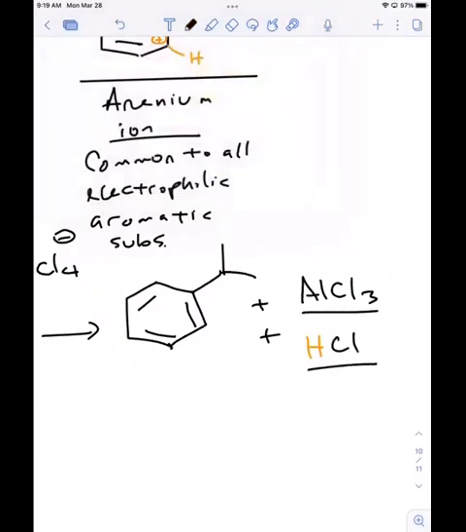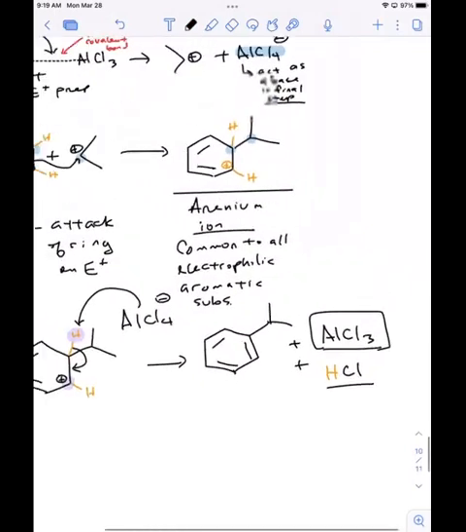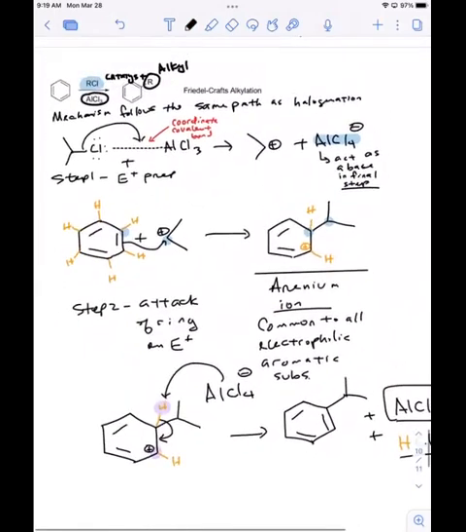So AlCl3. How do I get back to here and why? Why am I regenerating aluminum trichloride? What was it in the initial reaction? What do we use it for? It's a catalyst. Oh. All right.